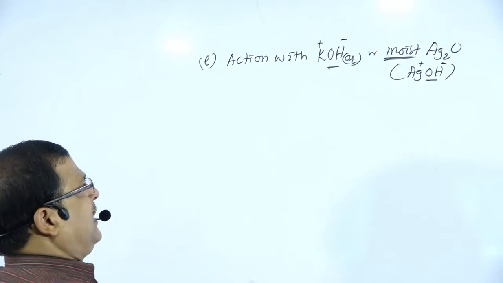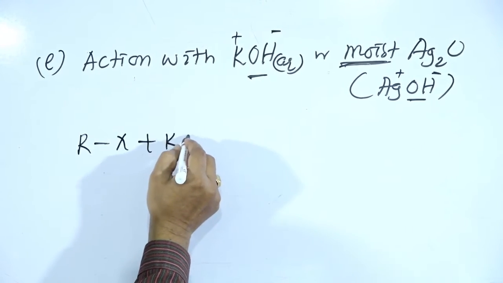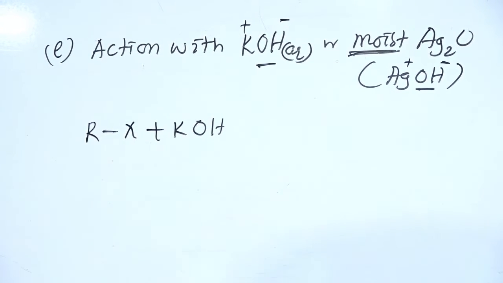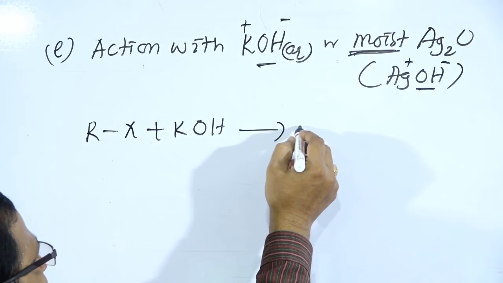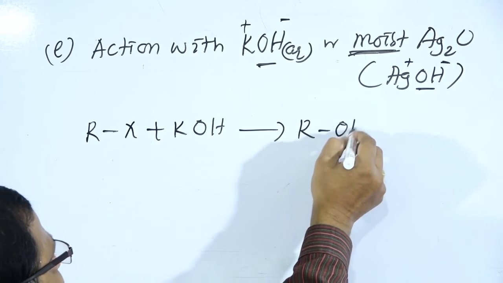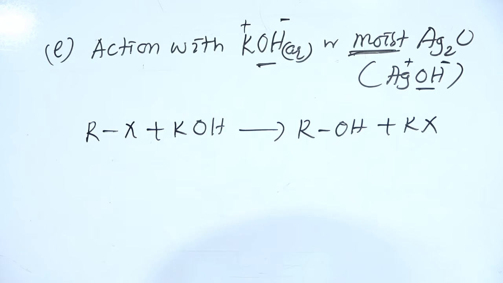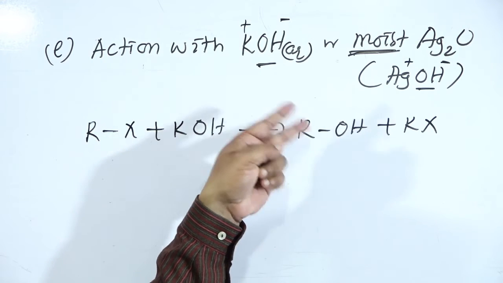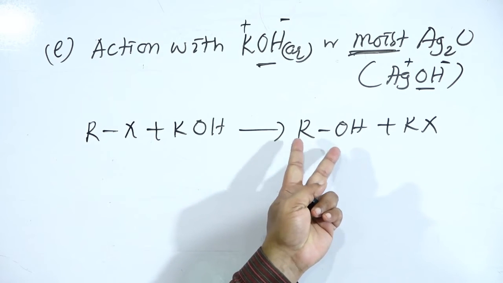So alkyl halide treated with KOH, we gave that example during SN1 and SN2 mechanism. Alkyl halide with aqueous KOH gives ROH plus KX. So whenever alkyl halides are treated with moist Ag2O or aqueous KOH, there is the formation of alcohol.